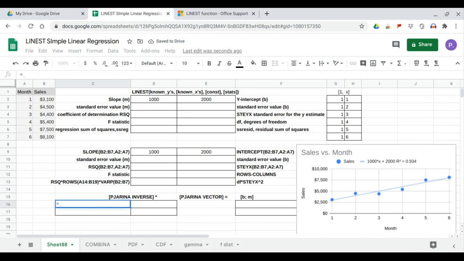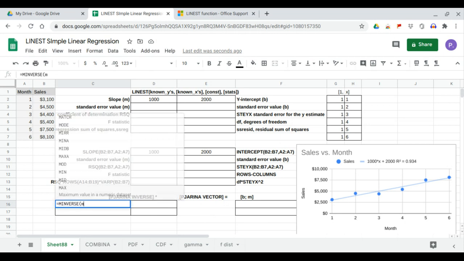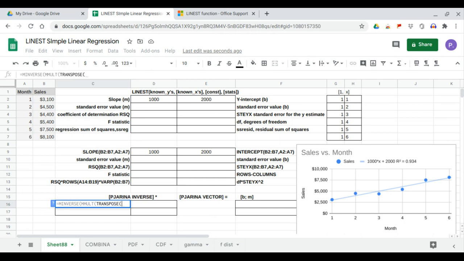So it is equal to MINVERSE and MMULT of the transpose of the 1 comma x matrix and itself. And we calculate the pseudo cofactor vector, which is MMULT of the transpose of the 1 comma x matrix and the y values. This is the y values.